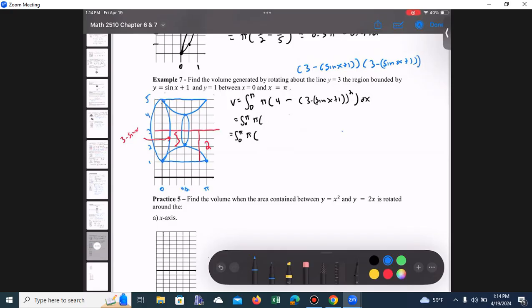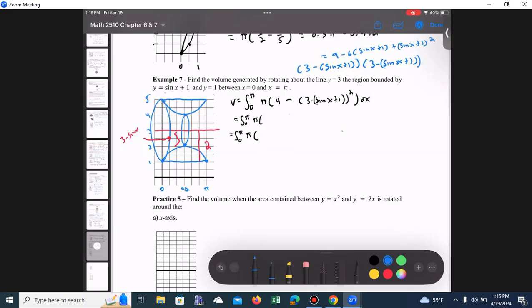So what we get here, we get 9, and then we'll get a negative 6 sine of x plus 1. You just got to treat the sine of x plus 1 as its own self, plus sine of x plus 1 squared.